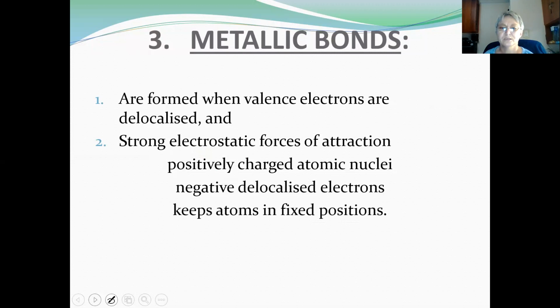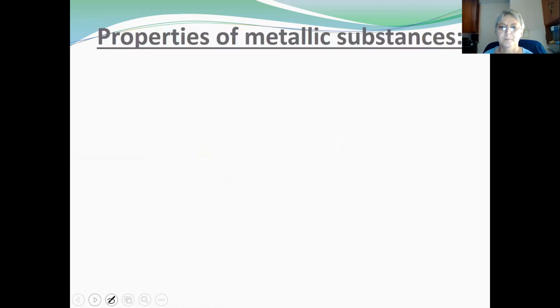So these atoms of the metals are kept in fixed positions by these strong electrostatic forces of attraction. The properties of metallic substances can all be explained using the theory that the valence electrons are delocalized and free to move from atom to atom.